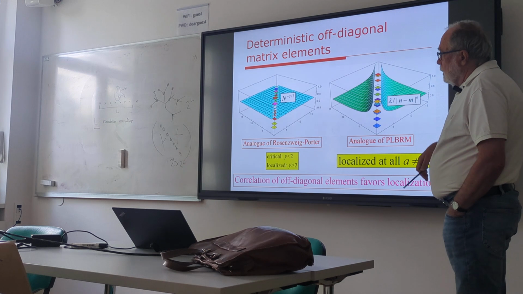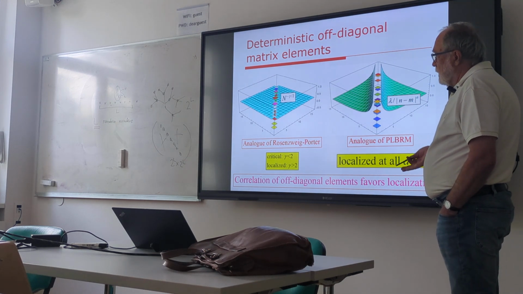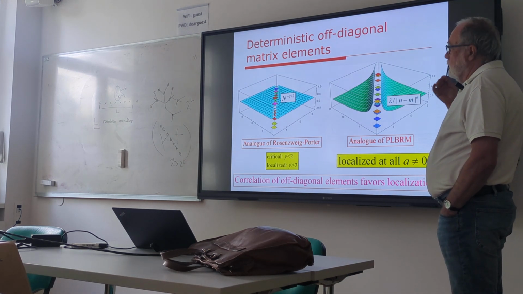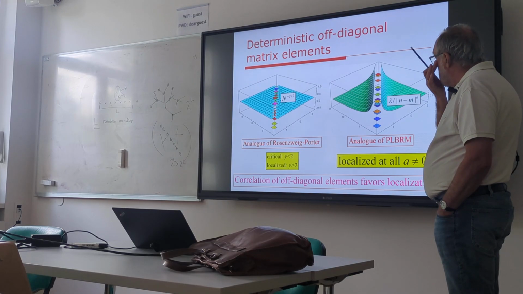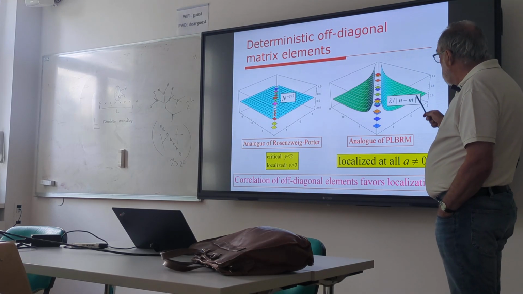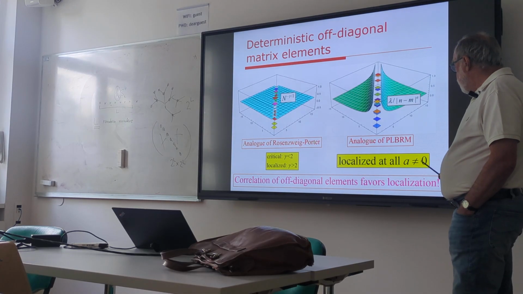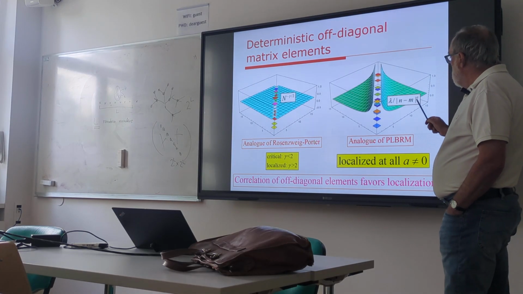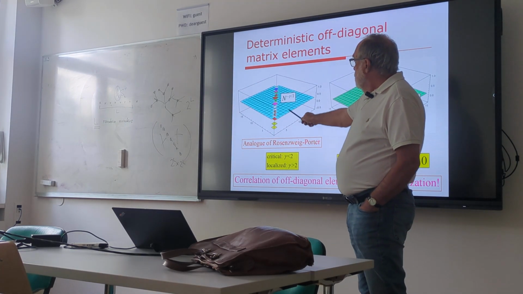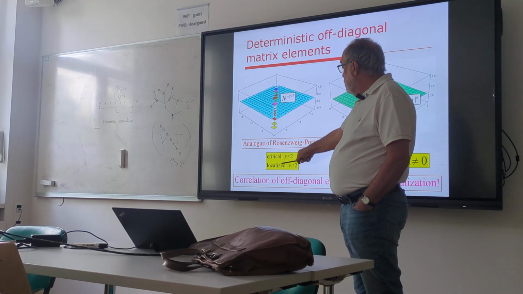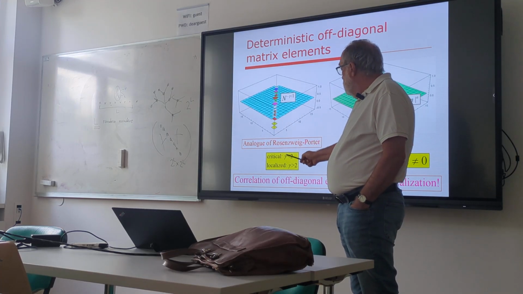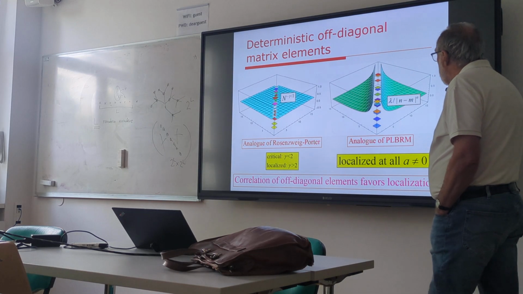When A was equal to 1, we have a critical situation. When A was smaller than 1, we had an ergodic situation. And here we have always a localized situation, except for A equals 0. And in this case, we may have either localized or critical.